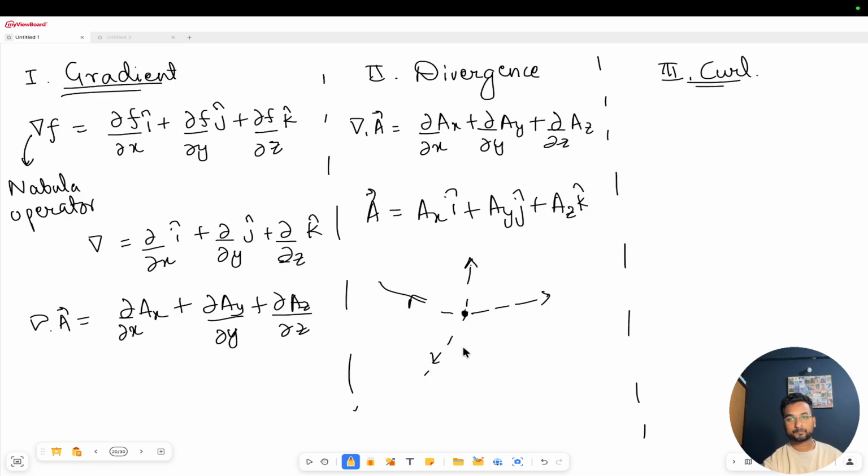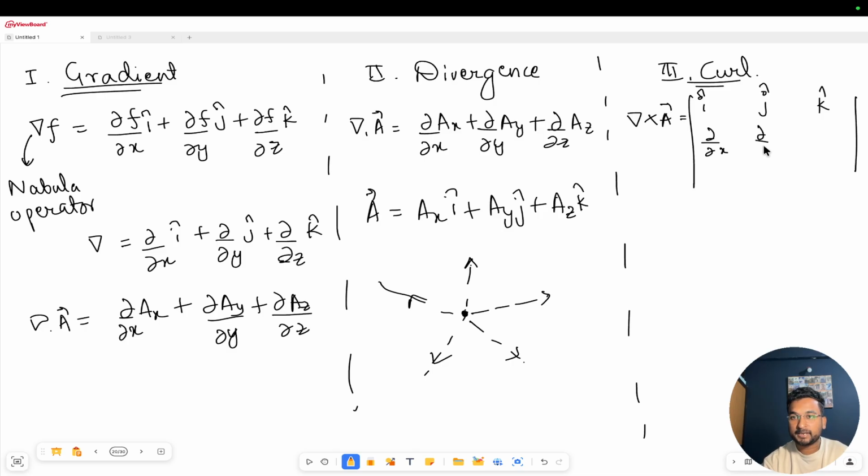Next is curl. Curl is represented like this. How to calculate curl? It will be the determinant of i cap, j cap, k cap, del by del x, del by del y, del by del z, ax, ay, az. So solving this determinant you will get the curl of the vector field. Curl of a vector field tells you how much rotation is there in a given function.